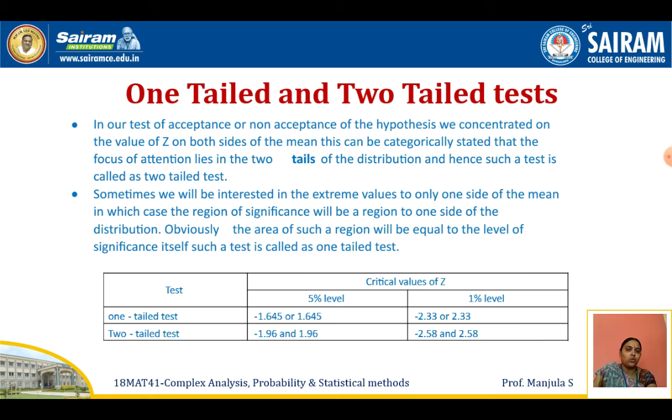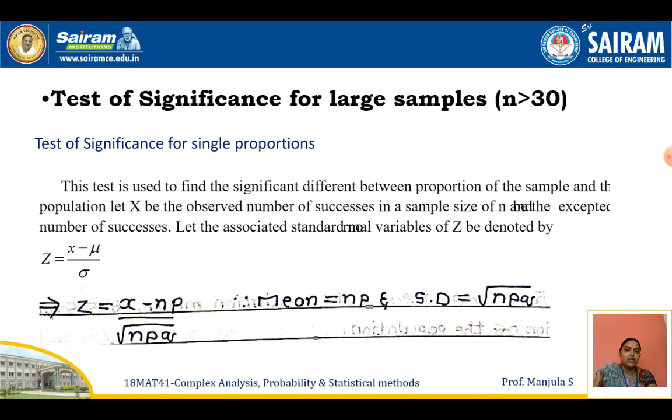Any one side you have to concentrate on. Whereas in a two-tailed test, you have to concentrate on both sides. At the 5% level it is from minus 1.96 to 1.96. And minus 2.58 and 2.58 for the 1% level of significance. So these numbers you have to remember, students.